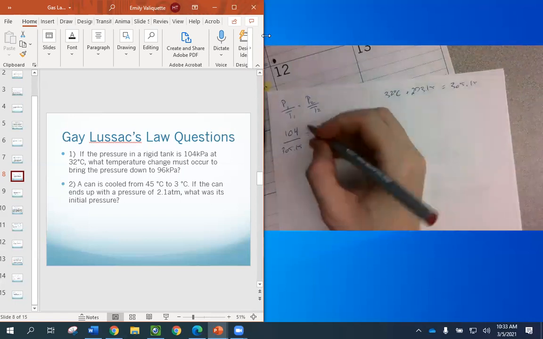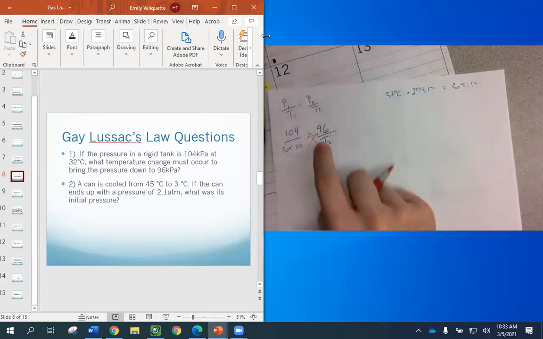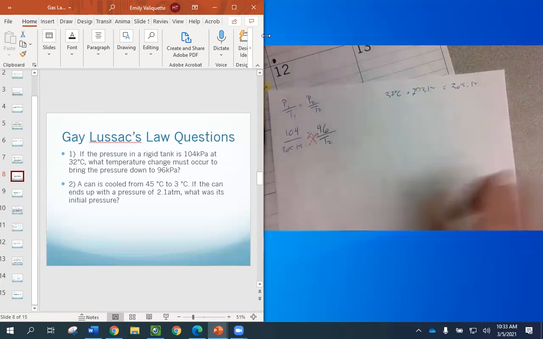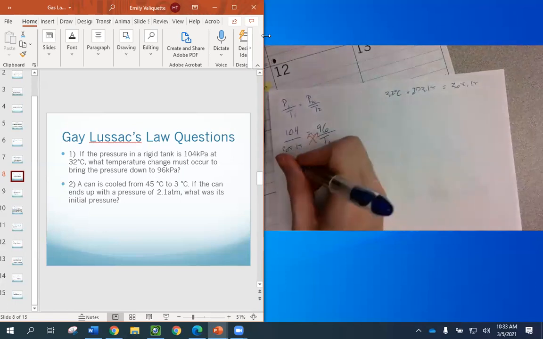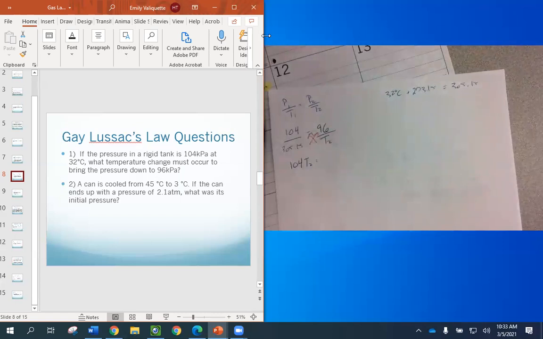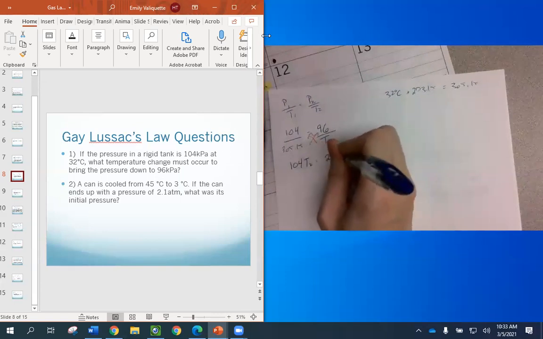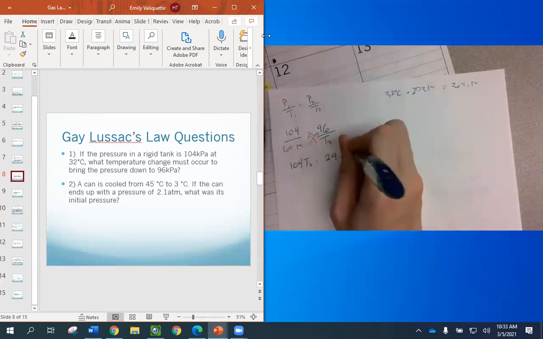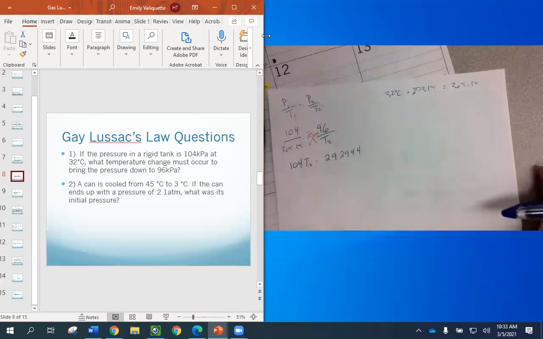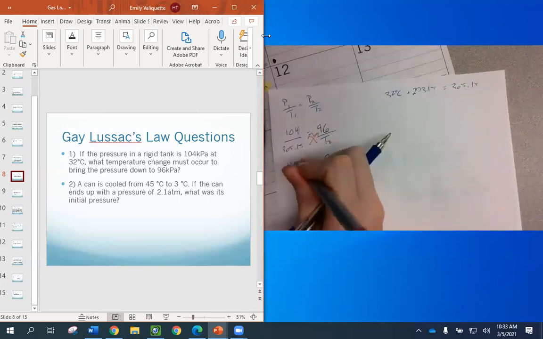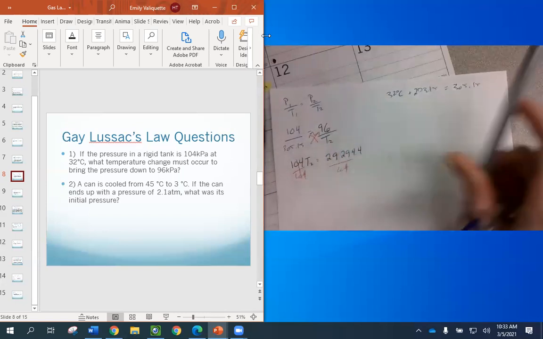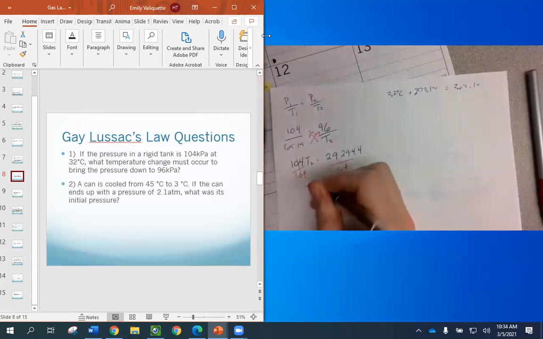Again, I'm going to cross multiply this time because I find that easier and my variable is on the bottom. T2 times 104 is just 104 T2. And then 305.15 times 96 is 29294.4. And then, of course, I have to divide by 104 to get my T2 by itself.